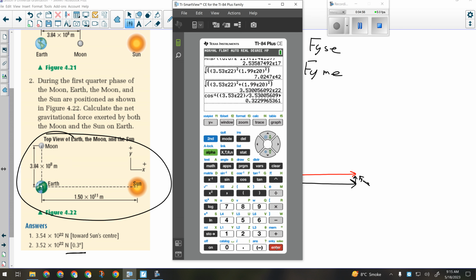And I get 0.3 degrees off towards the sun. That would be my vector. I have basically never put one like that on a unit exam that I can remember. Maybe I did it once. But as long as you understand that whole net force, sum of all forces thing, you'll be good with a question like this.